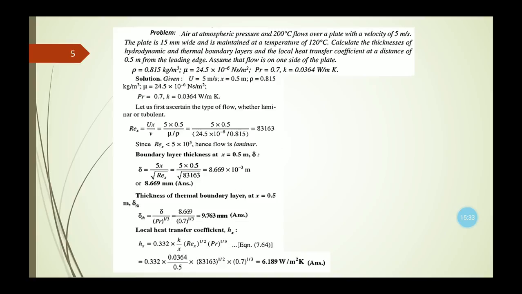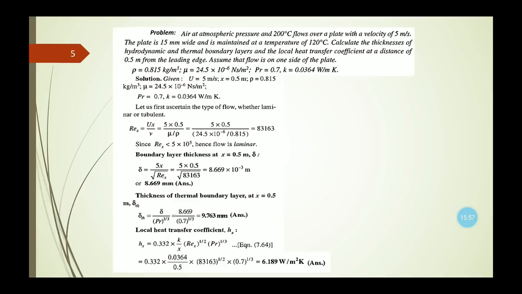Here the velocity u is given as 5 meter per second, x, the distance from the leading edge, is given as 0.5, and mu and rho, the dynamic viscosity and density, are also given. So you can calculate the Reynolds number, which equals 83,163.